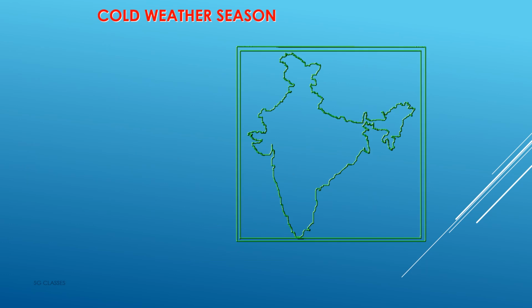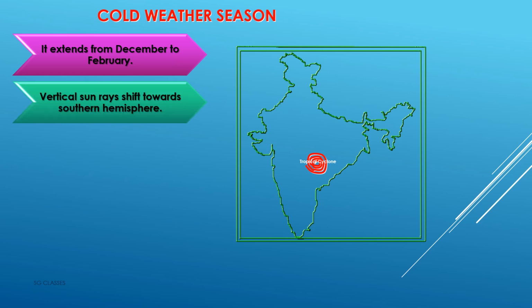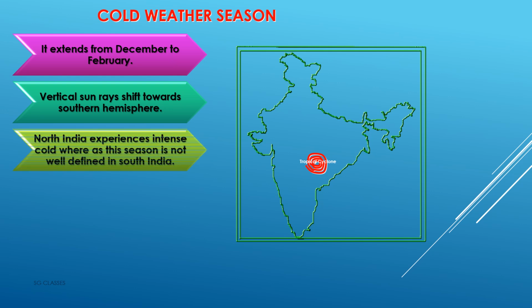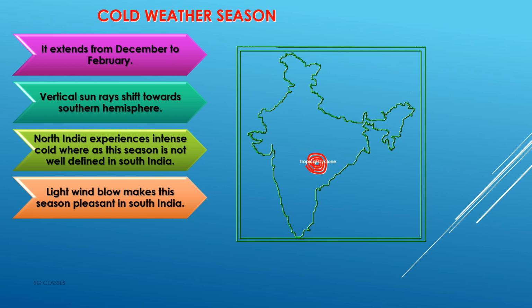Moving ahead, we'll discuss the cold season. The cold weather season in India begins during mid-November in northern India and stays till February. December and January are the coldest months. The temperature decreases from the south to north, and the places in the North Indian plains experience a cold climate.